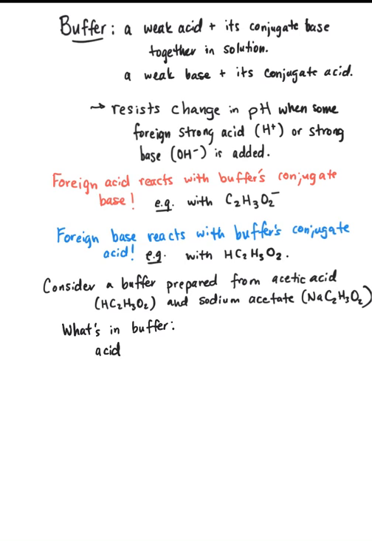A weak acid, HC2H3O2, and its conjugate base, C2H3O2 minus. We know that this substance is present because sodium acetate is a strong electrolyte and will completely dissociate. This is the contents of our buffer.